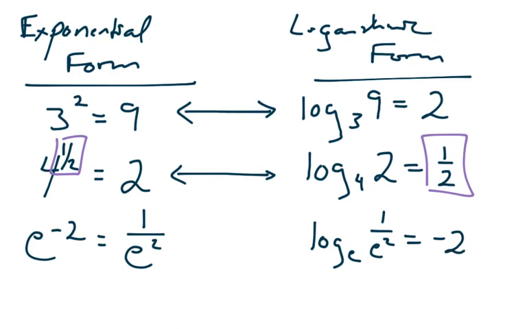And again, we see that this logarithm is equal to an exponent. But we also see that we have a log that has a special base. We have a log base e. Log base e's have their own name. They're called natural logs. And so we could say that the natural log of 1 over e squared is equal to negative 2, which would be making the same claim, just a little bit more mathematically correct with the notation.